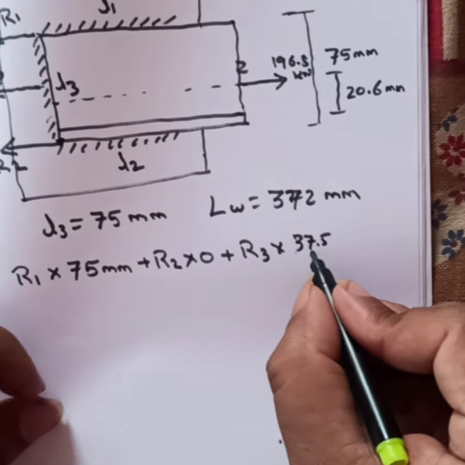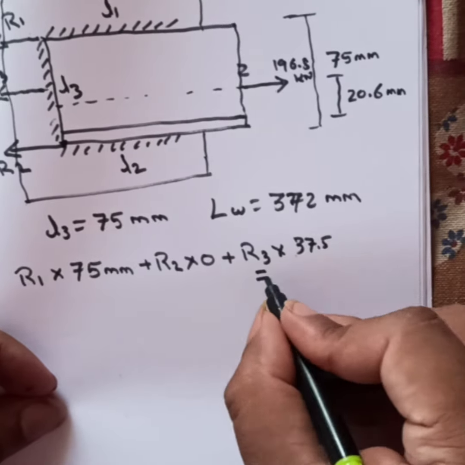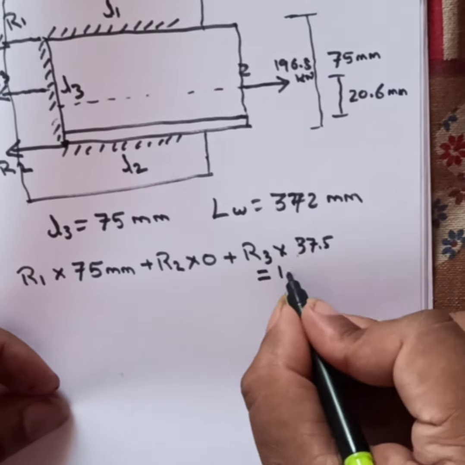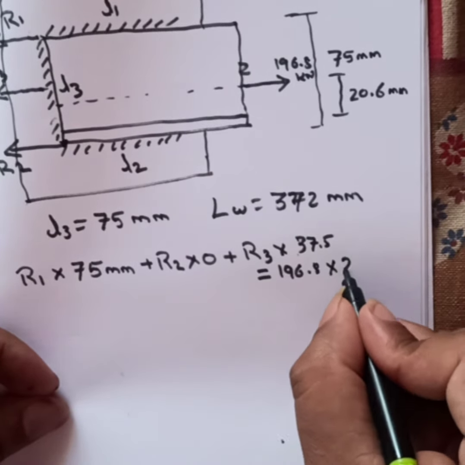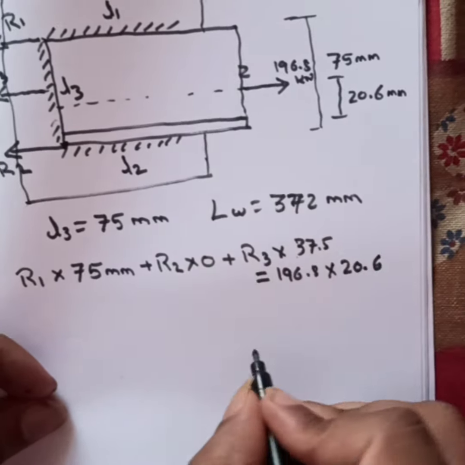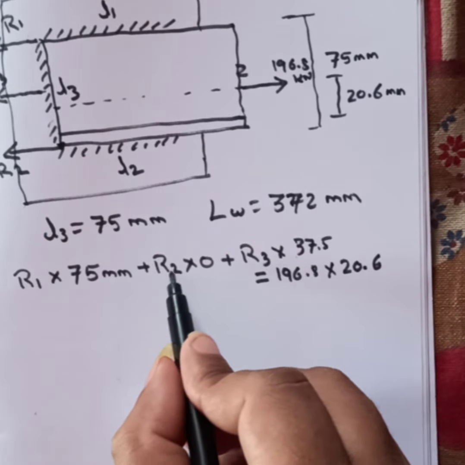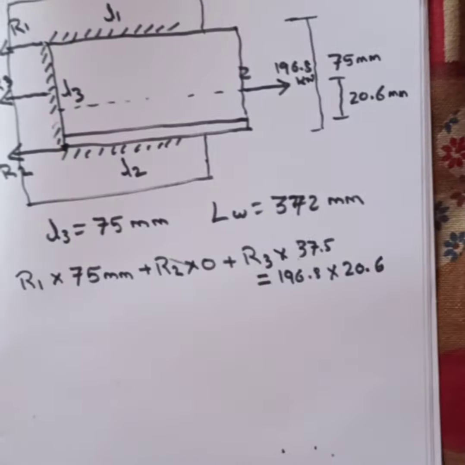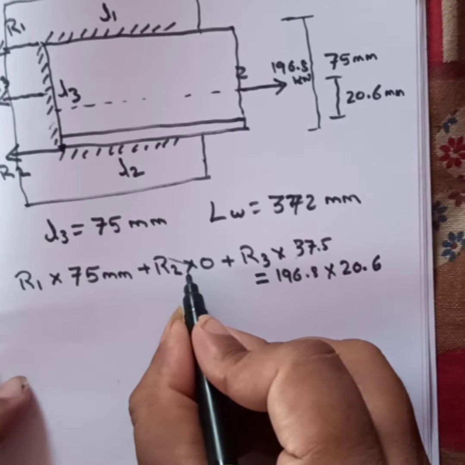Now this equals the load 196.8 into 20.6. The term R2 into 0 will become 0.